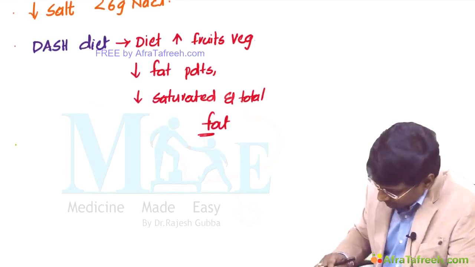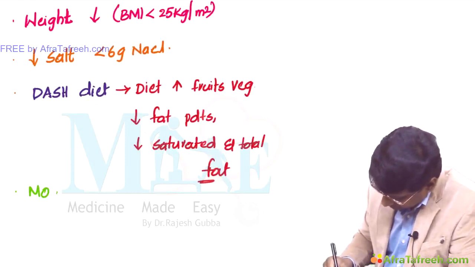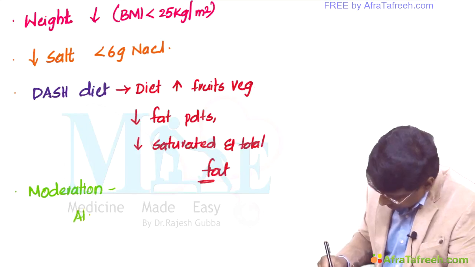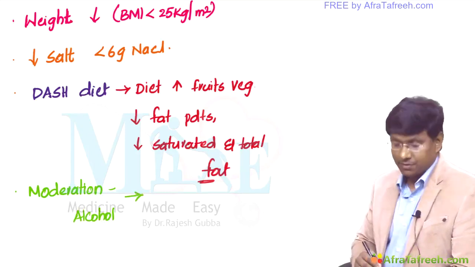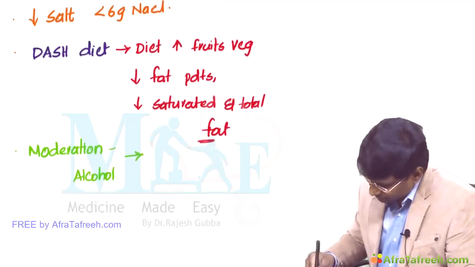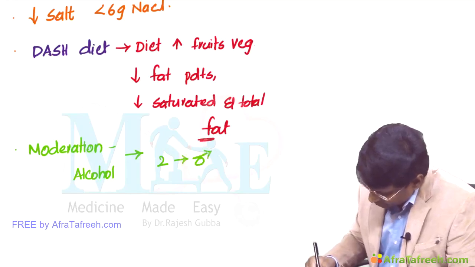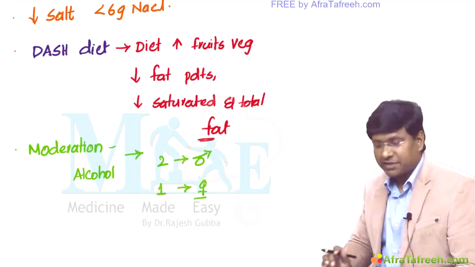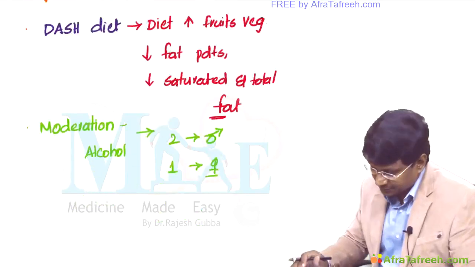So, as part of the lifestyle modification, moderation of alcohol consumption. What did I say? 2 drinks per day in case of men, 1 drink per day in case of women. This is permitted for the individual to have an adequate blood pressure.